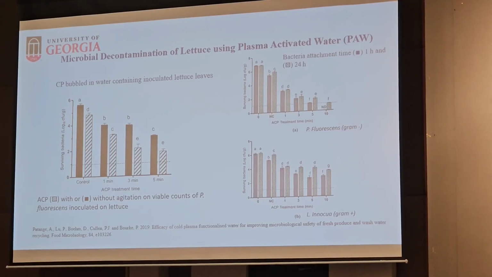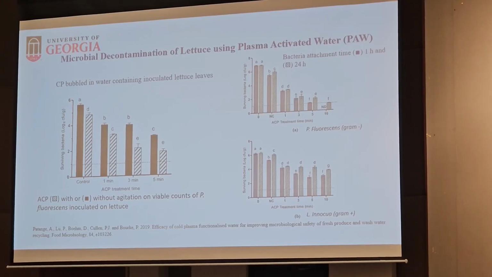So you can see at different times, 5 minutes, a less viable count, and what they did, they treated the liquid water, put the pieces of leaves, and agitated and non-agitated. So that's why you see two graphs, agitated versus non-agitated.